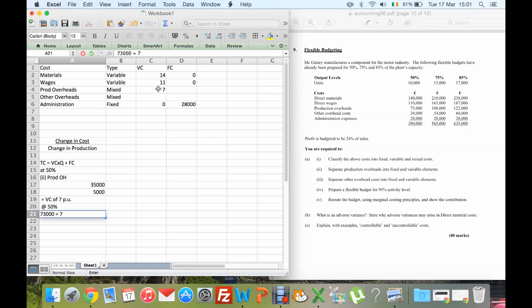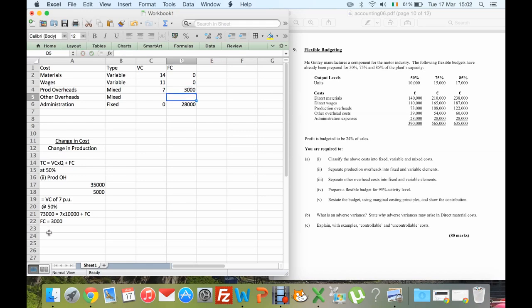So 7 times Q, which is 10,000, plus fixed costs. So 7 by 10 is 70, so 73, so fixed cost must equal 3. Now you have to make sure you explain this properly, show all your rough work for this, because you're actually getting marks for these two questions here. And this is 3,000.